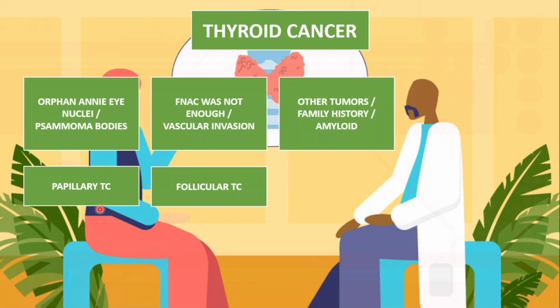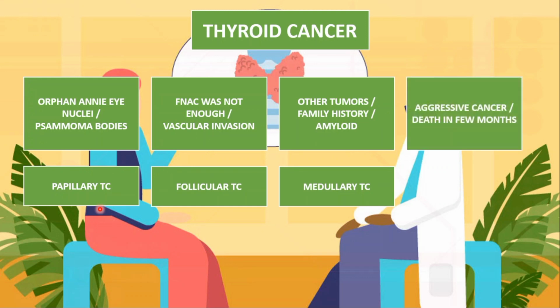When you see that the patient also had other tumors or a family history of other tumors or an amyloid stroma, think about medullary thyroid carcinoma. When the examiner says that it's an aggressive cancer and the patient died within a few months after diagnosis, it must be an anaplastic thyroid carcinoma.